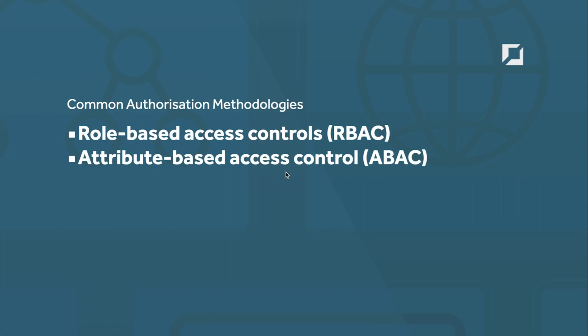However, if you're thinking about a much larger scale application where you're looking for more dynamicness and granularity, then you'd probably go towards the approach of attribute-based access control. There's loads of information online if you wanted to look a little bit further and give you a grounding before you start thinking about implementing or developing your authorization approach.